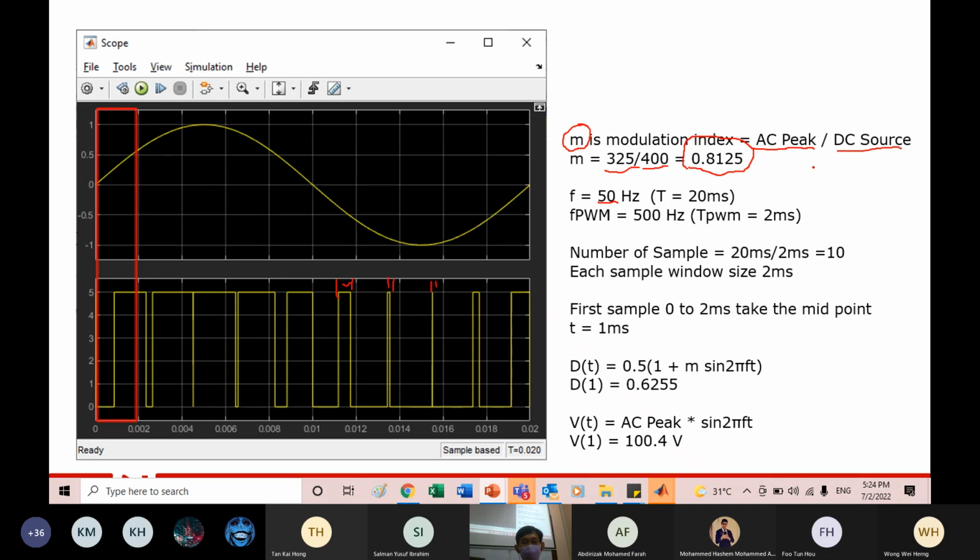Very simple, 1 over F. So for 50 hertz, our time is 20 milliseconds. That means this whole cycle here is 20 milliseconds. You see here, 0.02, 20 milliseconds. Then our SPWM carrier frequency or switching frequency. There are many terms.